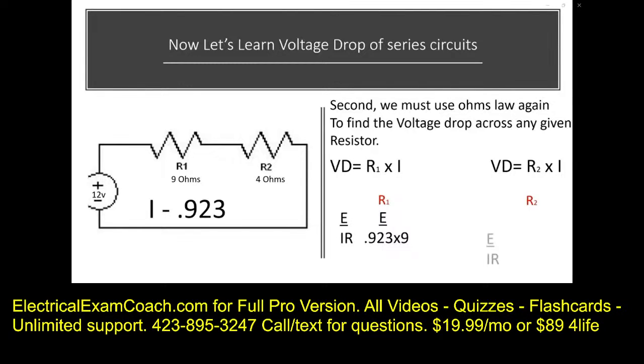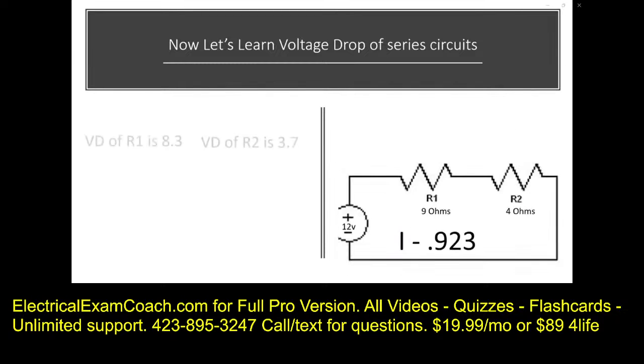So we just multiply those two together. On this other side here, we just plug in the knowns, and we know the amperage and the resistance, and we just multiply that, and that's going to give us the voltage drop. So the voltage drop of R1 is 8.3 when we did our multiplication, and the voltage drop of R2 is 3.7.